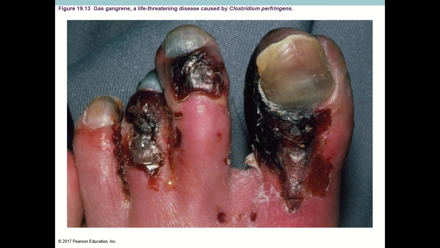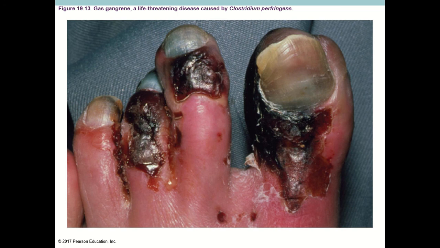So the appearance of gas gangrene is also diagnostic. Again, it does have a putrid smell, and in cases of food poisoning, because these bacteria can also cause food poisoning, you would basically get a sample of vomit of the patient.